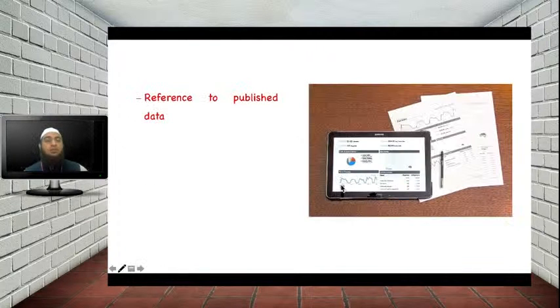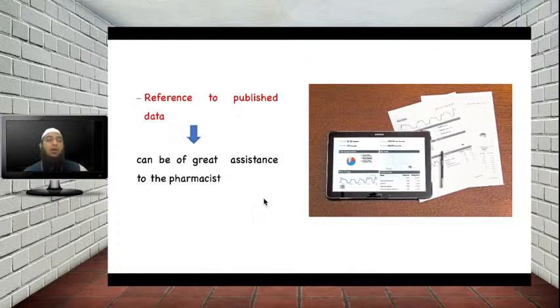So this could be possible. In addition to that, as I have mentioned, reference to published data or publications can be of great assistance to the pharmacist. So you can keep updating your knowledge about the published data on adverse drug reactions, which helps you to prevent and recognize adverse drug reactions.